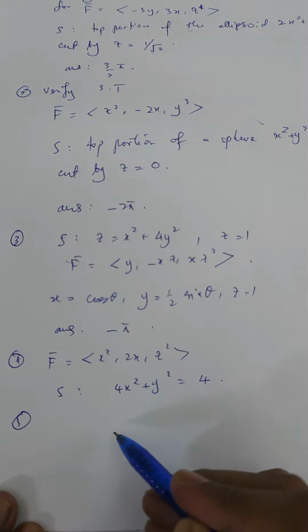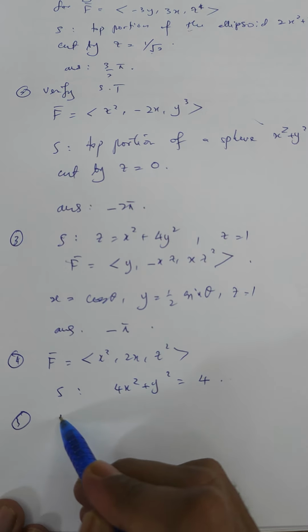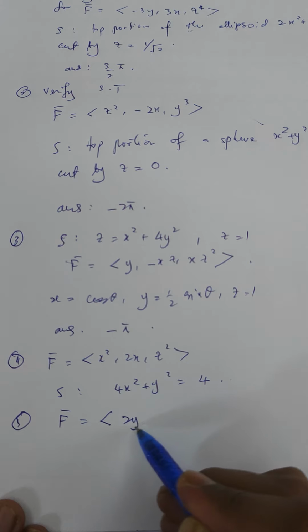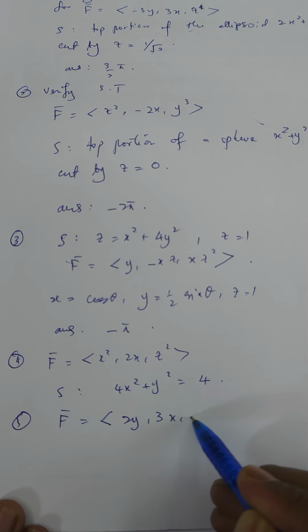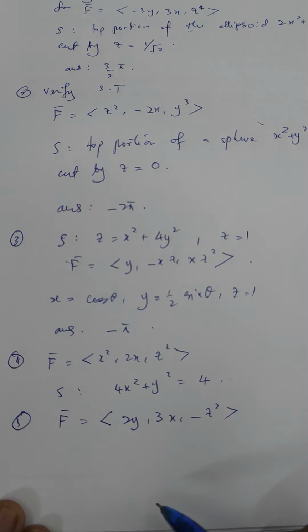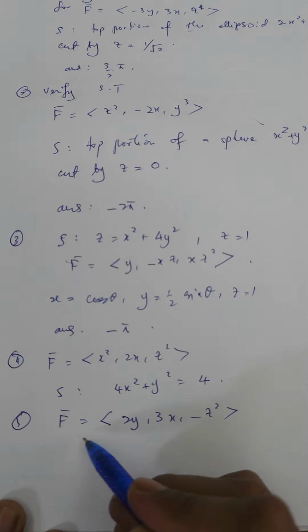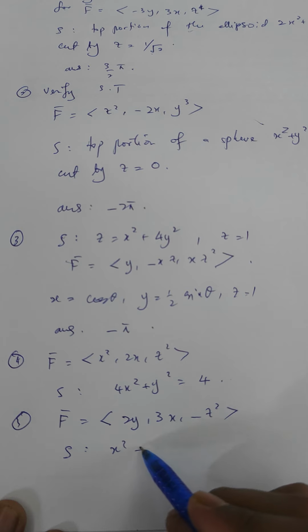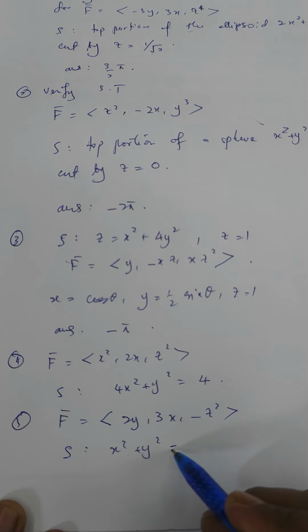Next, F is 2y, 3x, minus z squared, and S is given as x squared plus y squared equal to 9.